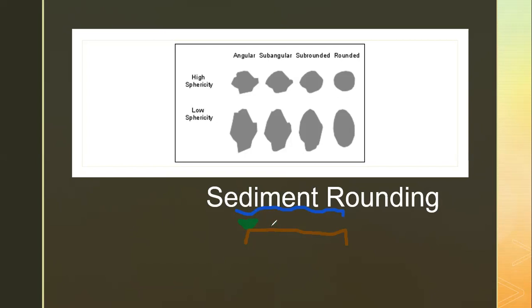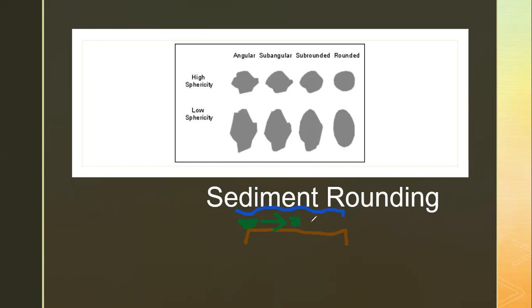Now, if that particle hasn't moved at all, it's not going to be rounded. It's going to be angular. It hasn't gone through as much weathering. Now, if it keeps moving down this stream, and it keeps rolling down this lake bottom, it's going to start to round off a little more. Again, not perfect, but a little more.